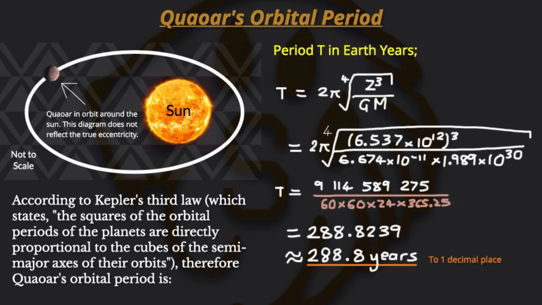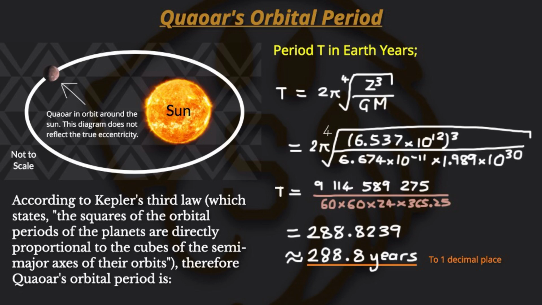We then find the period: we substitute a with the semi-major axis 6.537 by 10 to the power of 12, which we calculated in terameters. We put in the power of 10 to the power of 12 because of the tera. Then we cube that, and then we divide that by the product of the gravitational constant.